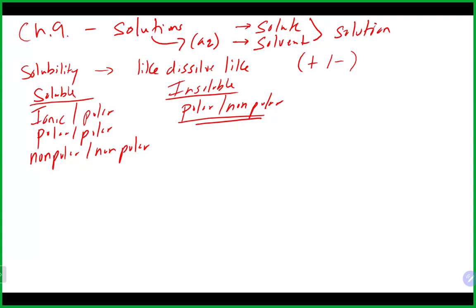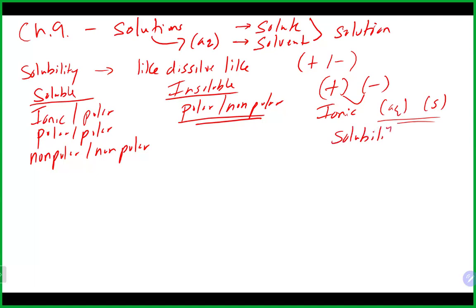We talked about how we know, when we take a positive ion and a negative ion and make an ionic compound, whether it will be soluble or insoluble. Basically, we'll get the aqueous or the solid symbol. And those were our solubility rules that we went through.